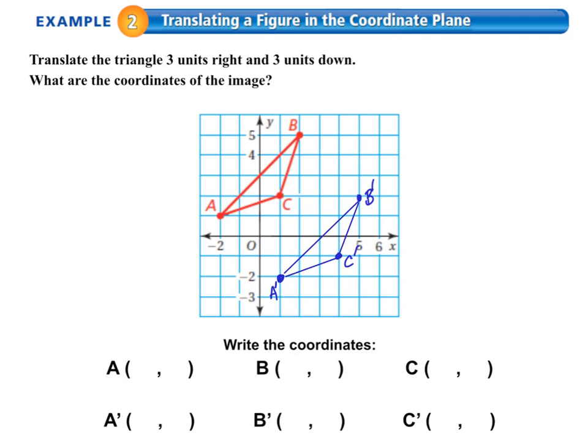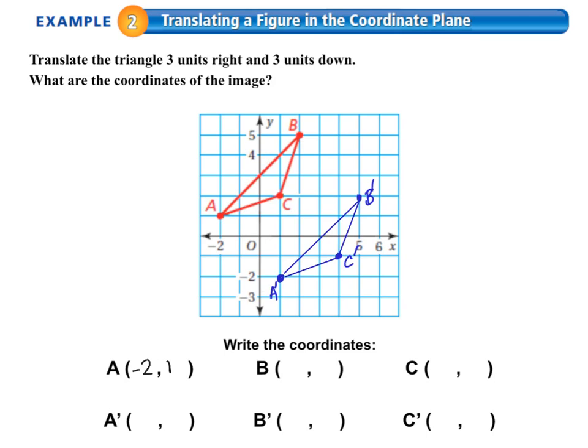Okay, there you go. I drew in my lines so that you can see, and now let's take a look at what happened to the coordinates. If you take a look down below, we have a place for each set of coordinates. Original A is at -2 on the x, 1 on the y.